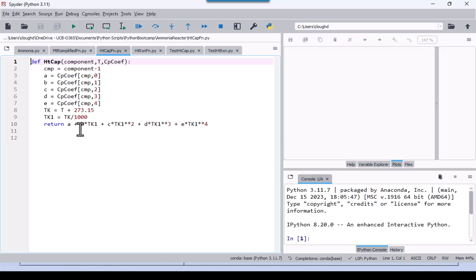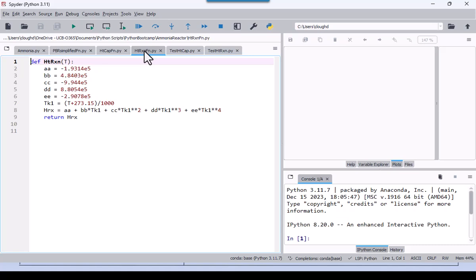And one of the reasons that we use this divide by 1,000 is that's the typical thing that's done in correlations from NIST, and it was convenient when we fit the heat capacity versus temperature statistically to avoid numerical problems. Okay, so that's that, and then we look at the heat of reaction, and here we just have coefficients, and again, temperature in kelvins divided by 1,000, put that into a fourth order equation, and it comes back.